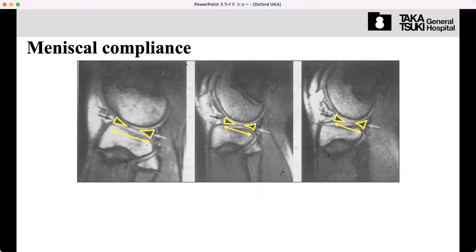During flexion, the meniscus becomes thicker and narrower and is located posteriorly. This is because the femoral radius is not constant. In extension the radius is large, and in flexion the radius is small. So according to the shape of the femoral condyles, the meniscus can change its shape and location completely passively.